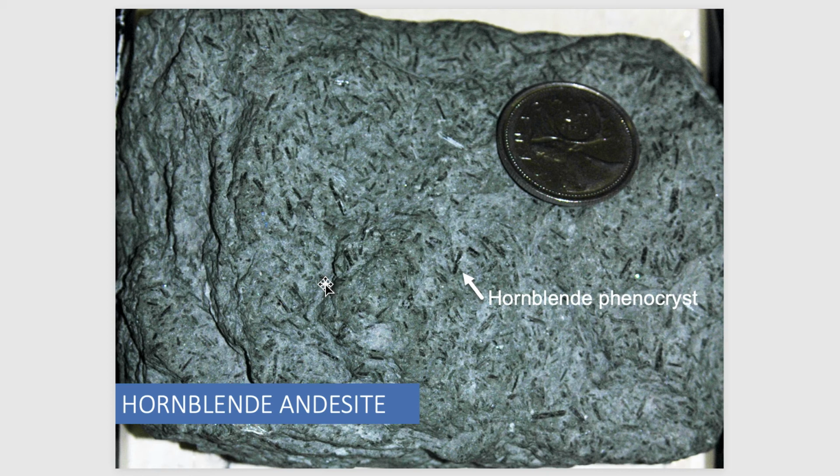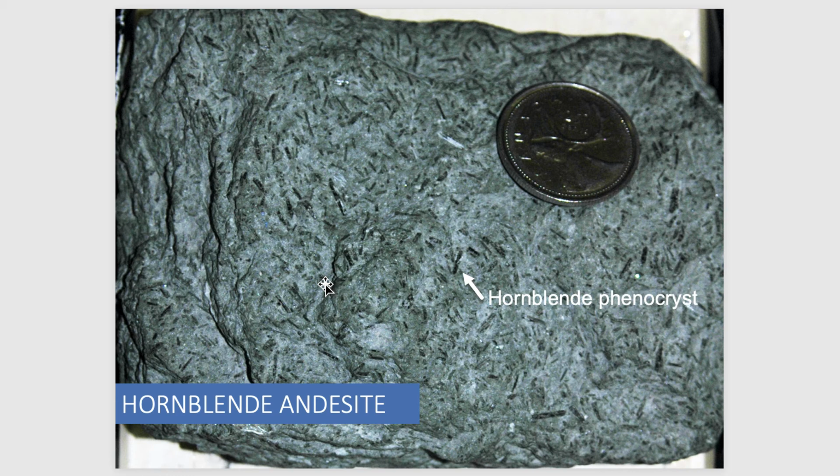So in this case, I would call this rock a hornblende andesite, and I would carefully examine the crystals and try to understand if we are dealing with pyroxene or amphibole. So remember to look at the basals and also at the cleavage of the crystals.